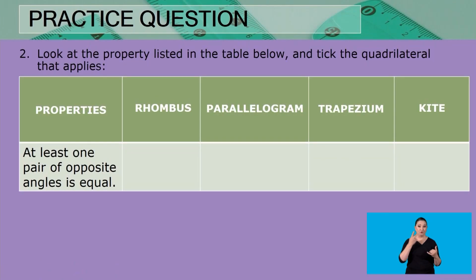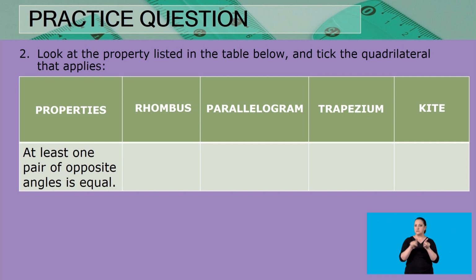Now, this question here, we need to look at the property that is listed below and tick the quadrilateral that this property applies to. So we have there at least one pair of opposite angles is equal. So we are looking for a quadrilateral that has at least one pair of opposite angles that are equal.